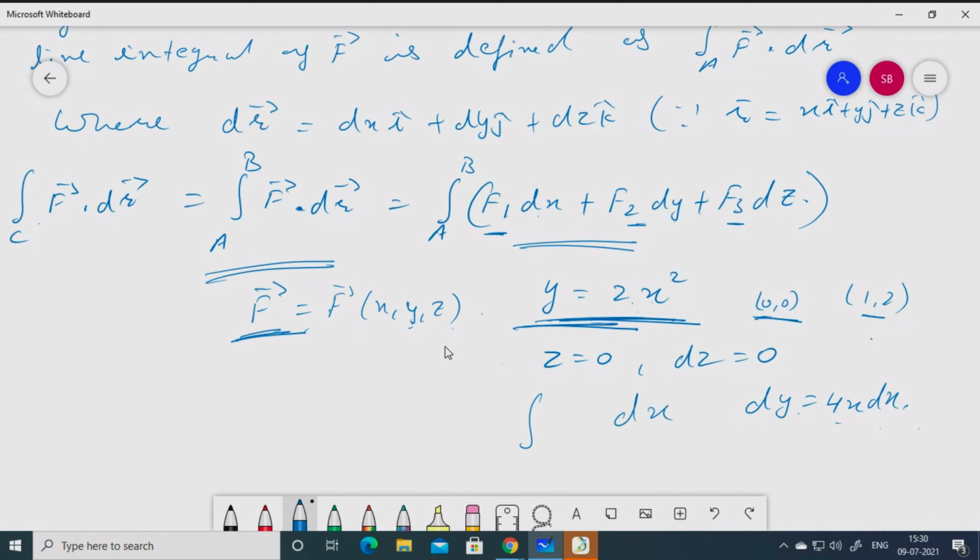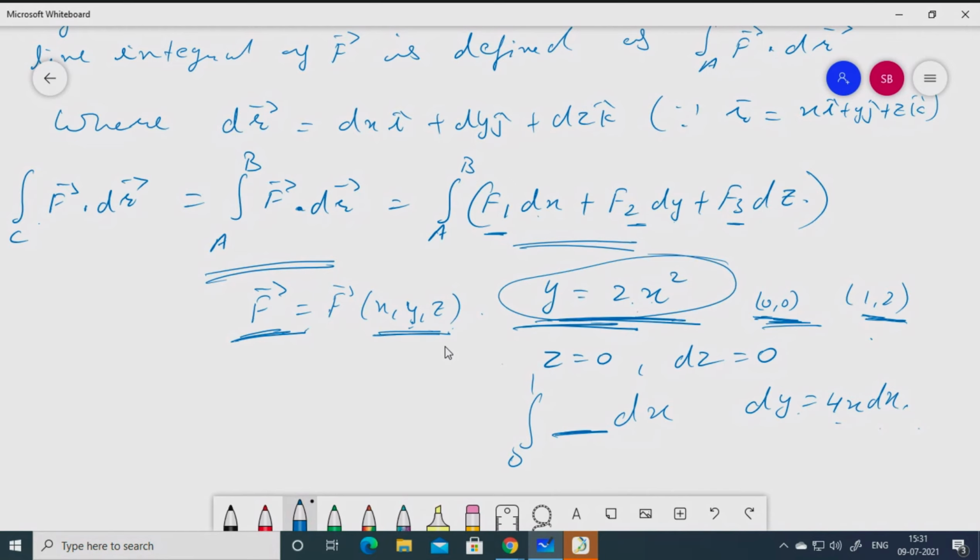You need to integrate some function of x with respect to x. The limits of x are given from the points: 0 to 1. So this is how you solve the problem. You will be given a vector point function in terms of x, y, z, but you are finding its line integral along some given curve.